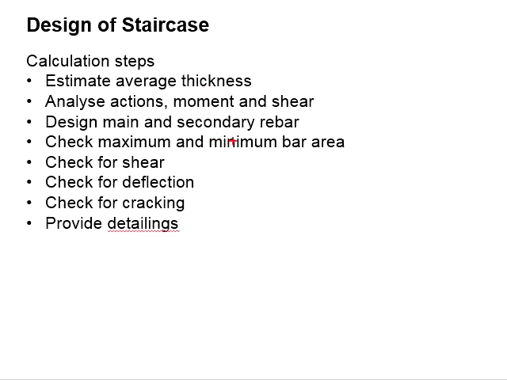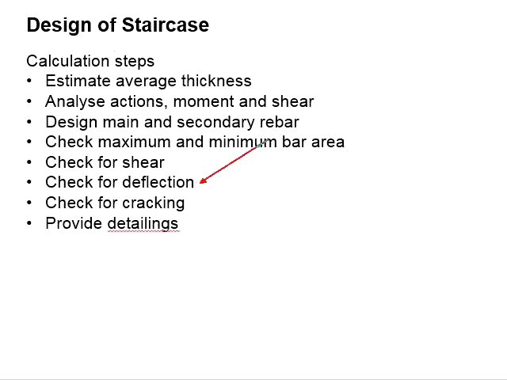Now that we have done checking for the moment and shear, we also done checking for the maximum and minimum bar area, and we done the shear checking. All this was found to pass.